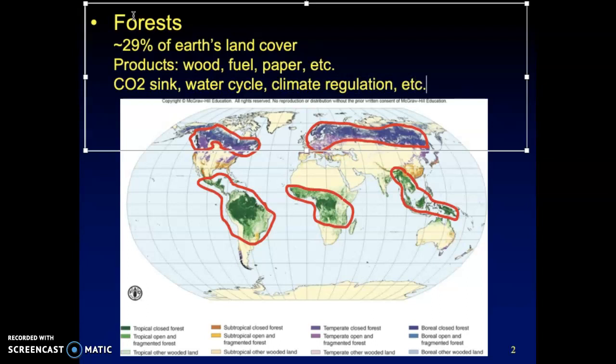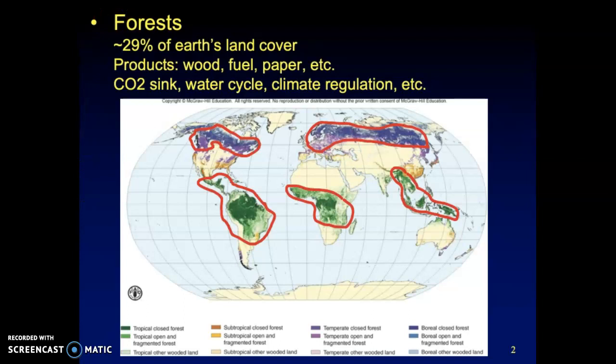Lots of non-direct dollar types of services. So as we see forest cover decline, we're losing not just products, financial benefit, but we're also losing some of these major environmental things that we talked about and we'll talk more about in further chapters.